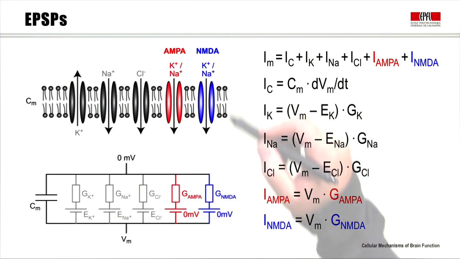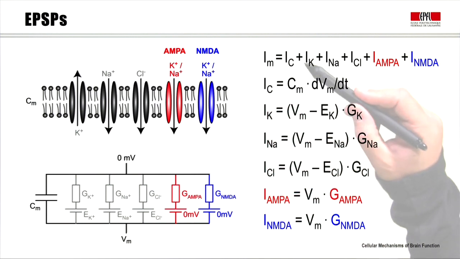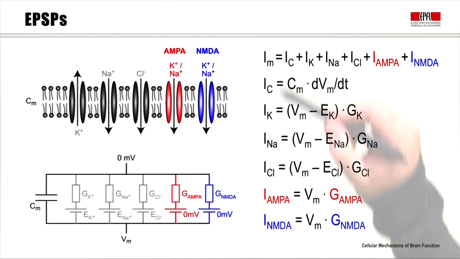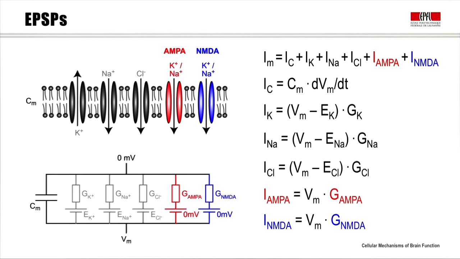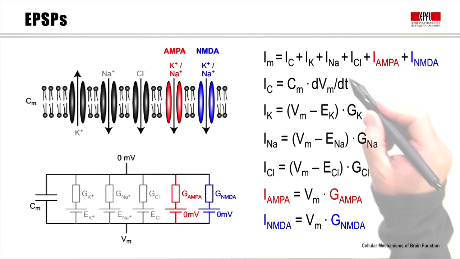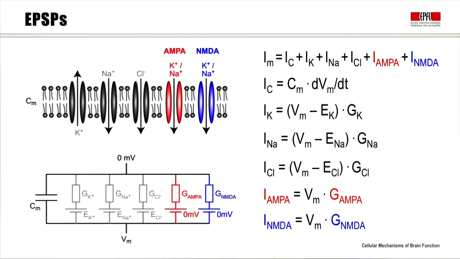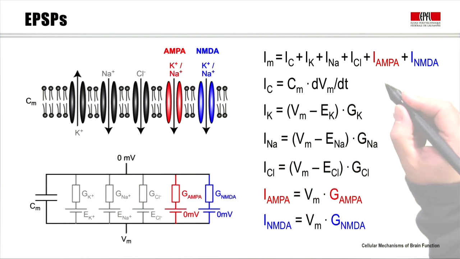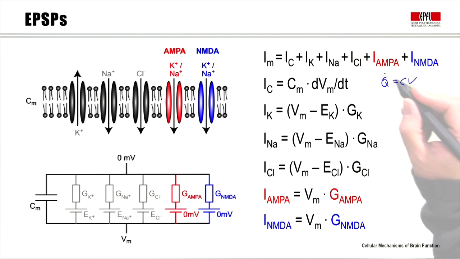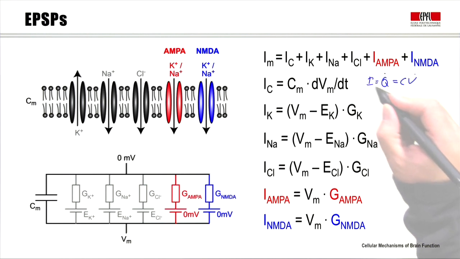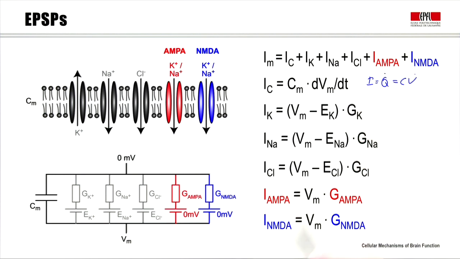We also already know the quantitative description of how membrane potential and currents interrelate. So the total membrane current is made out of different components. There's the capacitative component, that's the filling or charging of the capacitor, that then relates to the change in membrane potential over time. So that's the typical equation here from Q equals CV. We take the derivative of that, and that then gives us that the current is equal to dV by dt times the capacitance.